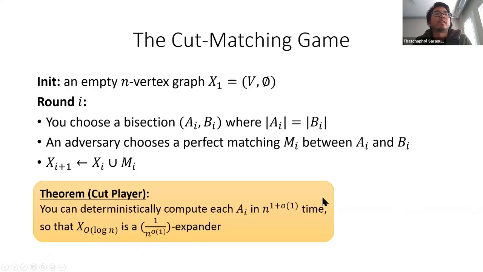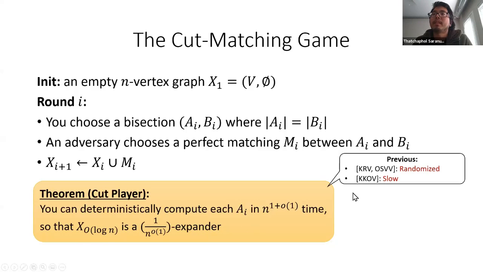It turns out that you can solve this very fast. You can find each bisection very fast, deterministically, so that after just log n rounds, you get an expander. Since this paper KRV, it is known how to do it randomized, or deterministically and slow.